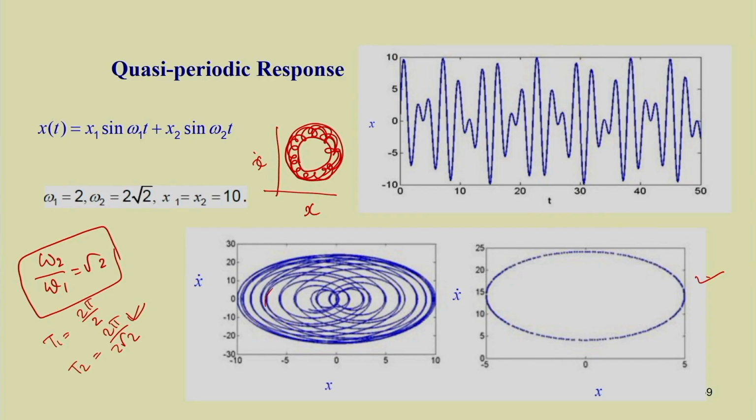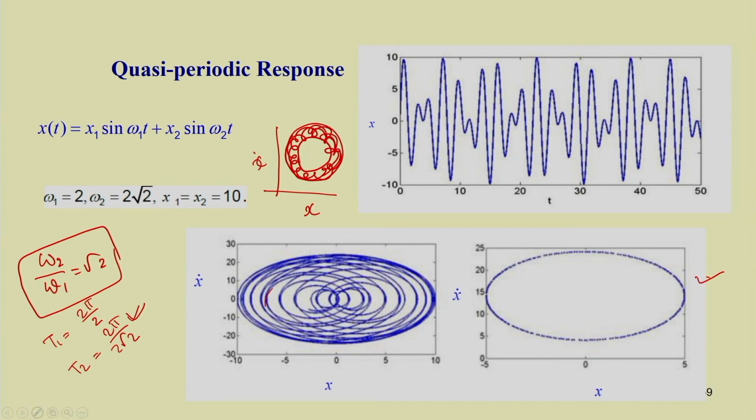But in case of a quasi periodic response, the points will be placed in a closed curve, and easily you can distinguish between periodic and quasi periodic, and later we will see the chaotic response. In that case, it will fill up the whole space. In that way, you can distinguish between periodic, quasi periodic and chaotic response.